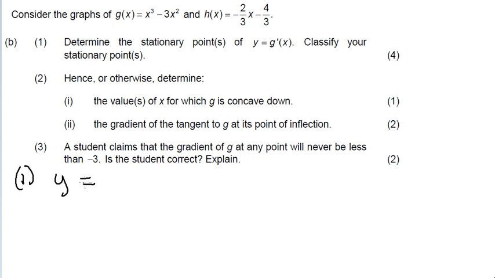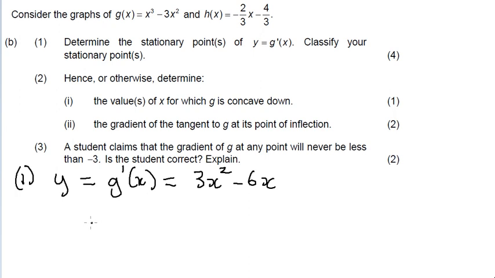So for number 1, we're going to say y, which is equal to g prime of x, is equal to the first derivative of g of x, which will be 3x squared minus 6x. So now we need to find the stationary point of this graph, which basically means we take the derivative of g prime and make it equal to 0.